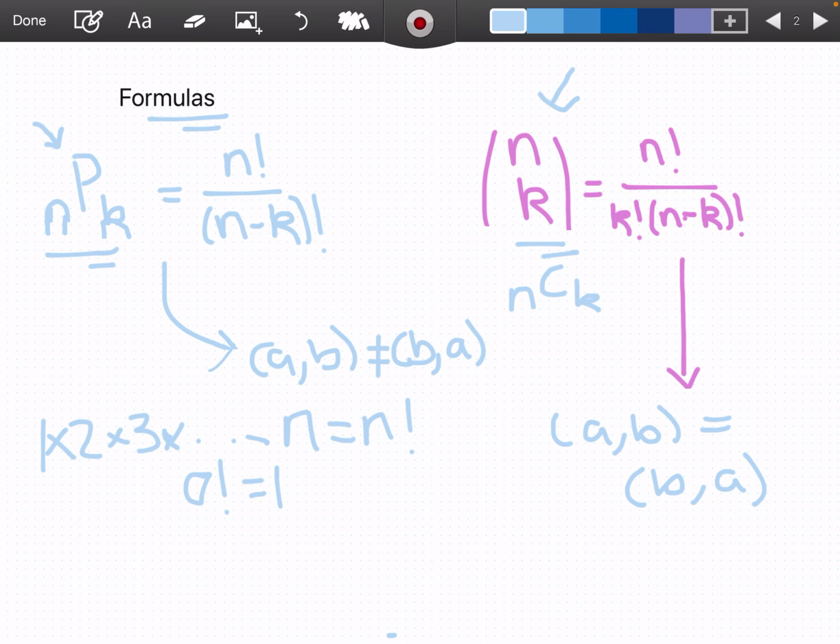So this is equal to 6 factorial, and when you calculate this, you will get 720. So that's our answer for this problem.